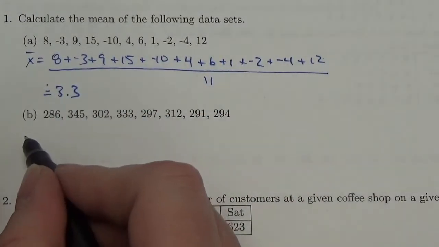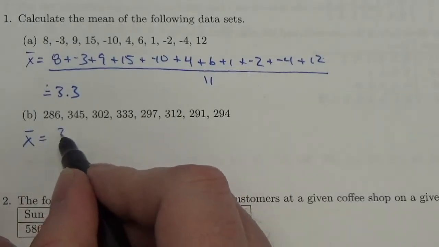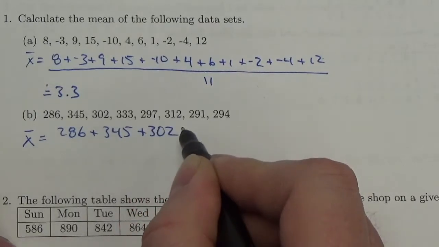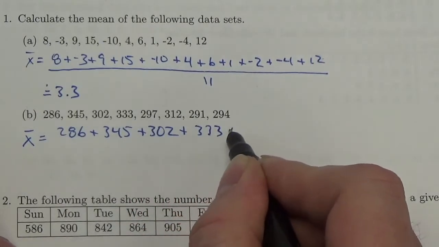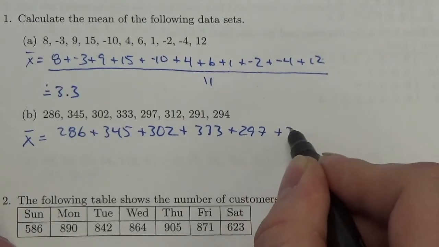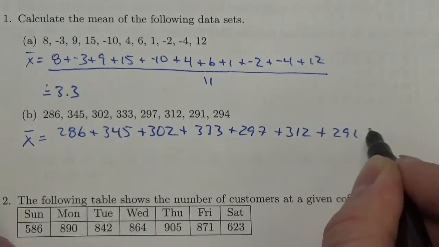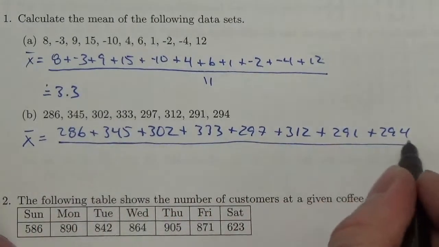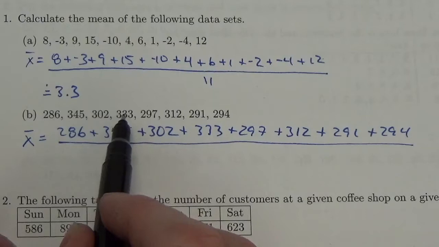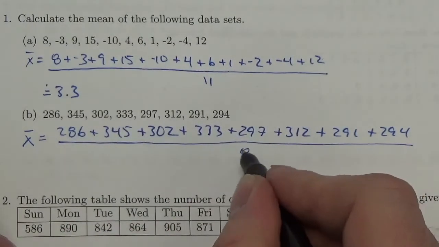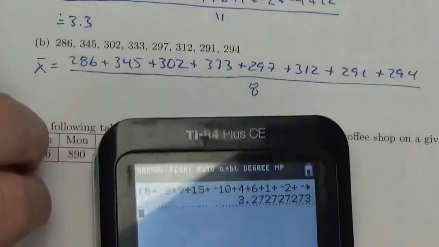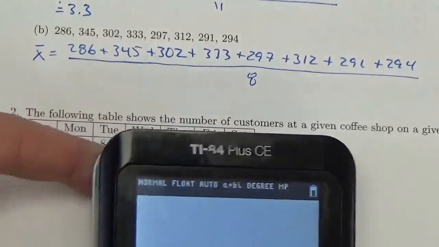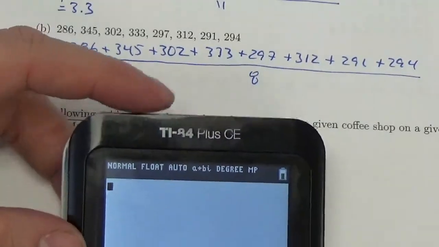Now let's take a look at this one. Our average here is going to be the sum, so 286, 345, plus 302, plus 333, plus 297, 312, 291. Ooh, that's a lot. All over, and how many are there? 1, 2, 3, 4, 5, 6, 7, 8. Okay, so again, same thing. I want to add those all up, but I want to make sure I put those in parentheses.